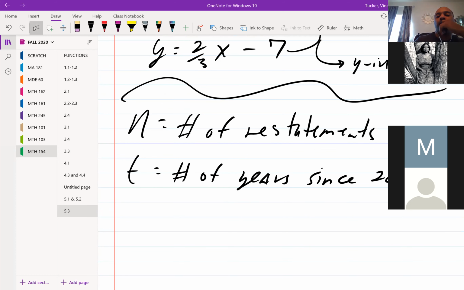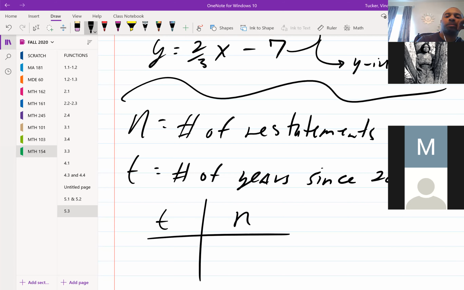So N is the number of restatements. T is the number of years since 2000. So let's look at what they give us. T and then N.